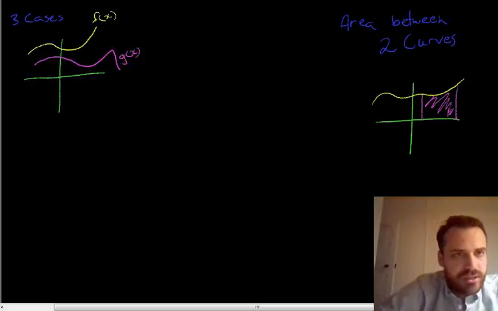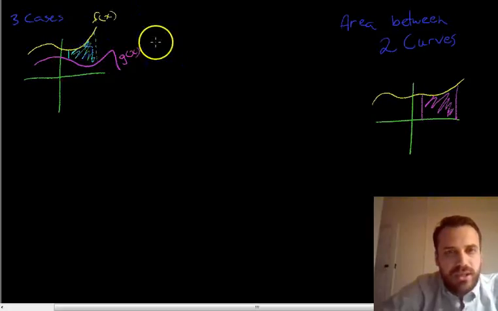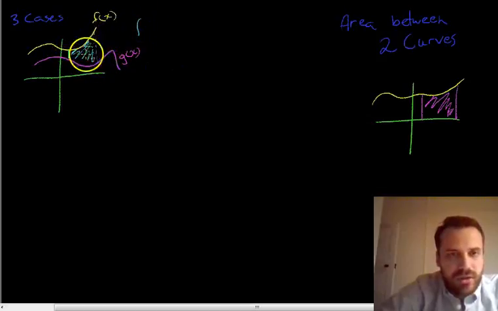And you might get asked to find the area between the two functions for a certain domain. So you might get asked for the integral, or the area under the curve between x equals 5 and x equals 1.